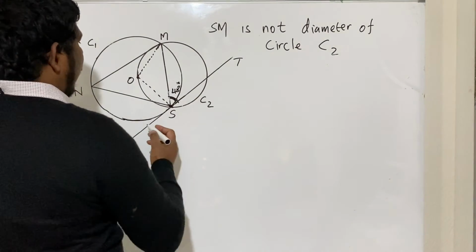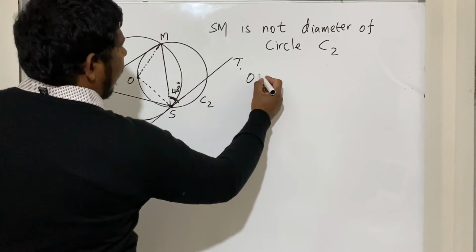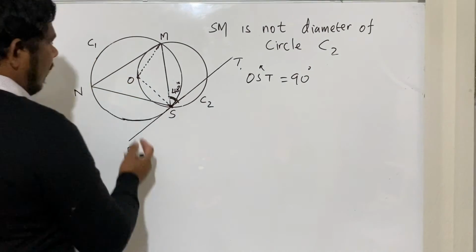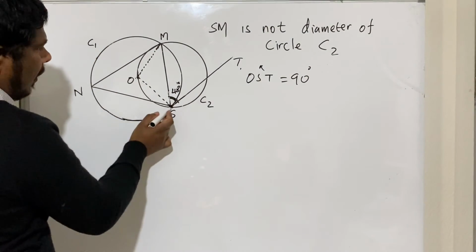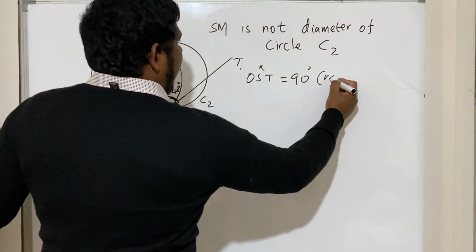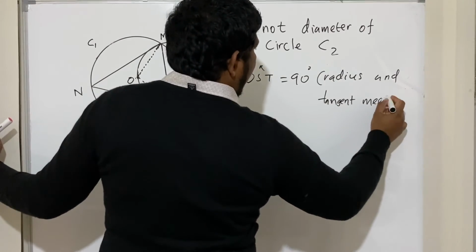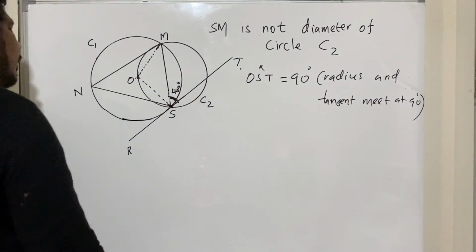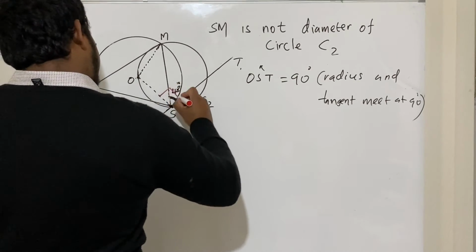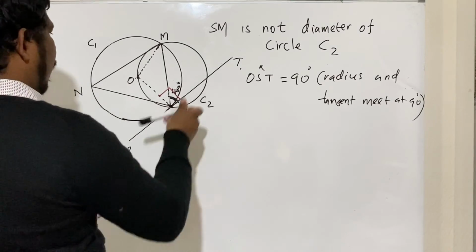So we know that angle OST is 90 degrees because this is the center, so this is the radius and tangent meet at 90. So this is 90 degrees. But this is 48.